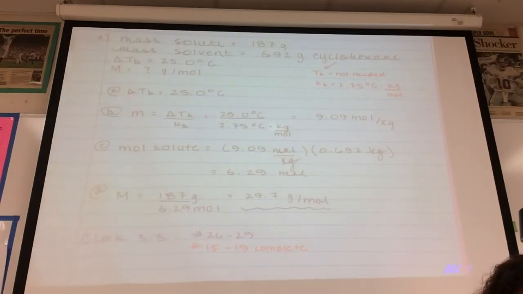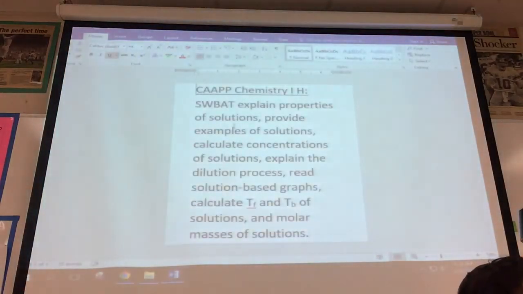When you work through number 4, you'll check your answer, which is shown here, and you can have the rest of the period to work on the classwork in an effort to better understand colligative properties and molar and molecular mass determination of solute. We will get into the lab when we return from break, and we'll generate solubility curves, and everything will fit into our overarching learning goal that we've been talking about for this chapter.